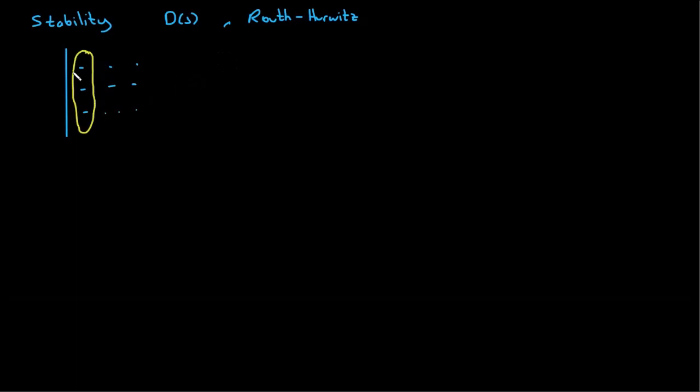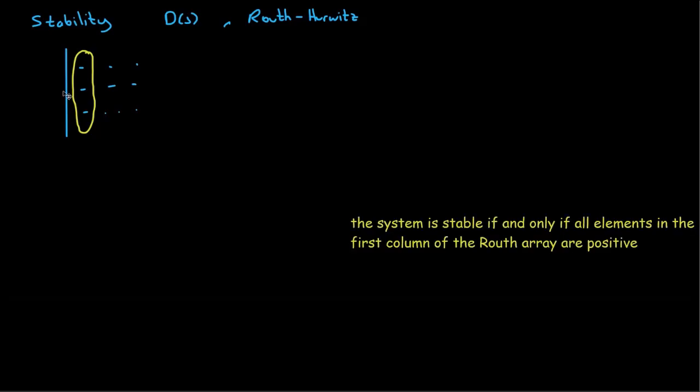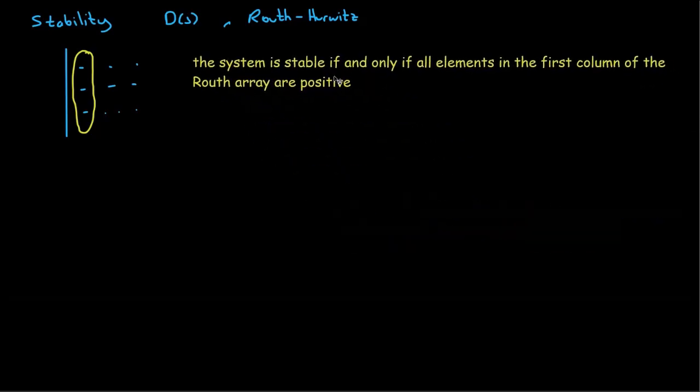I can simply summarize what we mentioned about the first column, so I will write it over there. The first rule that we mentioned was that the system is stable if and only if all the elements in the first column of the Routh array are positive. So that was the first thing that we mentioned.